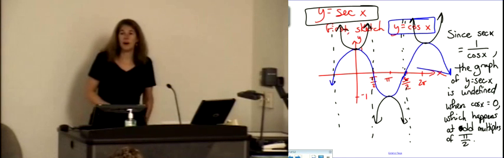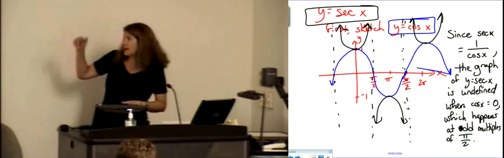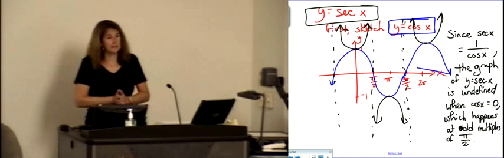That's where that stuff's happening, odd multiples of the pi halves. We see it where we have the asymptotes. That's where this graph is undefined.